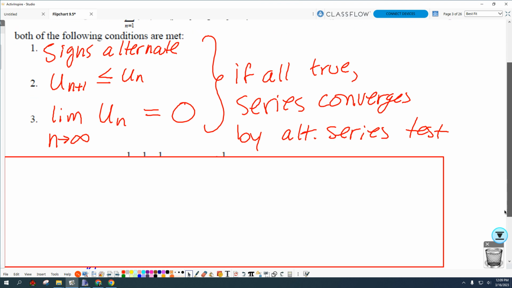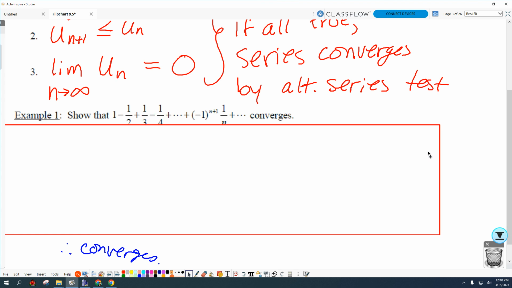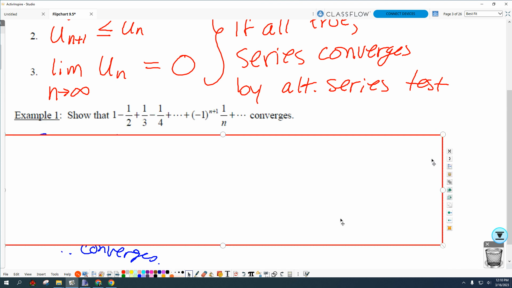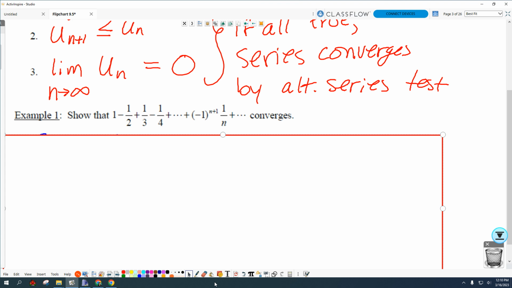All right. So our first example, the classic harmonic series. Harmonic is 1 over n, by the way. And it's got that negative sign. Is it alternating? Are the signs turning on and off? Yes. Are the terms getting smaller? Yes. Is the nth term approaching 0 as n goes to infinity?